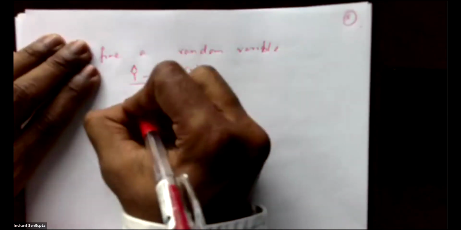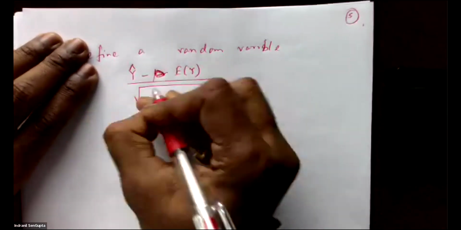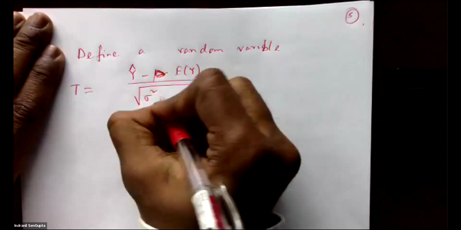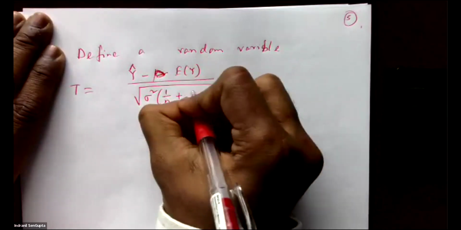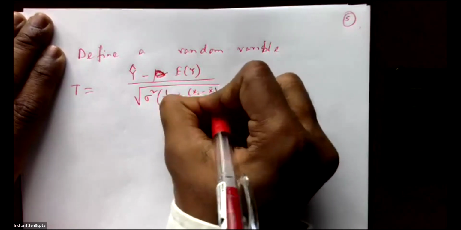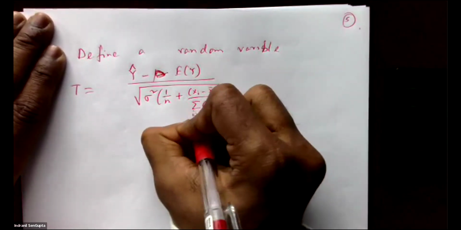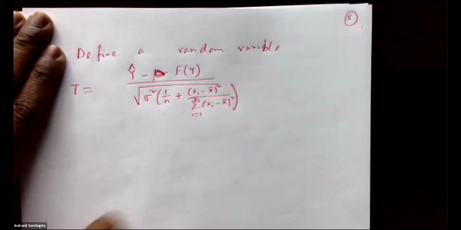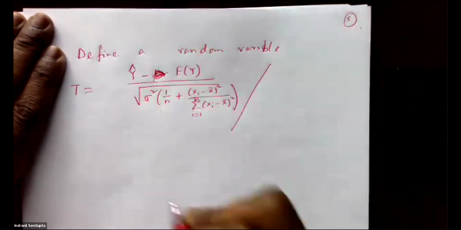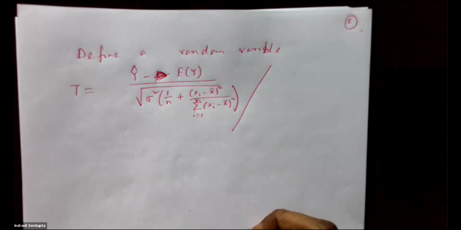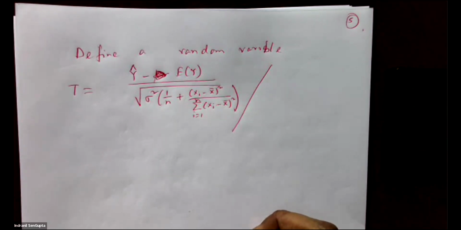Sigma is coming out, or it doesn't really matter, so I'll just keep it here: sigma squared times (1/n plus (x minus x bar) squared over the summation i from 1 to n of (xi minus x bar) squared). And I'll divide by a chi-square distribution with appropriate degrees of freedom.